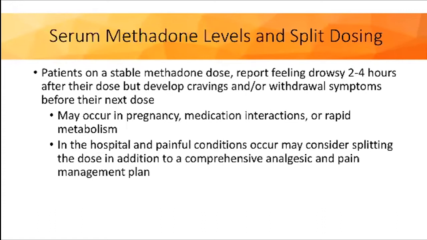This may occur in pregnancy, if they're on medications that are inducing the metabolism, or if they just have this genetically rapid metabolization phenomenon. In the hospital or patients with pain, you may consider split dosing in addition to a comprehensive analgesic and pain management plan.